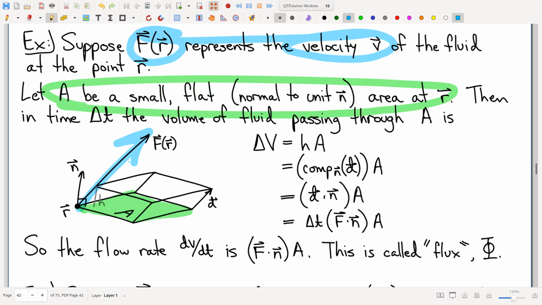So here's an example. Maybe you're thinking about the water in a river, and you've got some net that you put in front of the river, and maybe you're filtering out garbage, or maybe you're catching fish, what have you. Well, you can sit there and measure what the velocity of the water is, but realistically, what are you actually interested in?